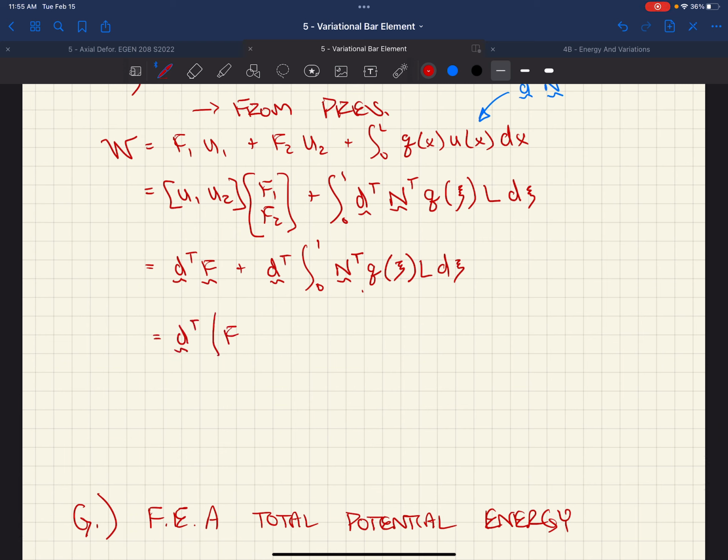So we get F plus L, that's constant, the integral from 0 to 1 of N transpose, q sub xi, d xi. What are these? Parenthesis. These are what we would call our energy equivalent nodal forces.